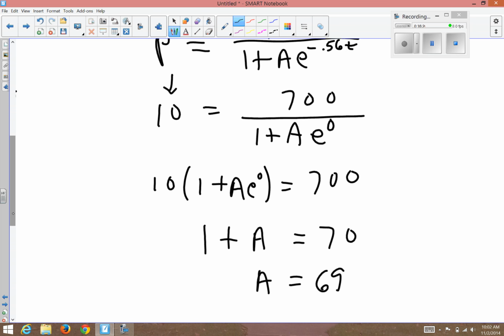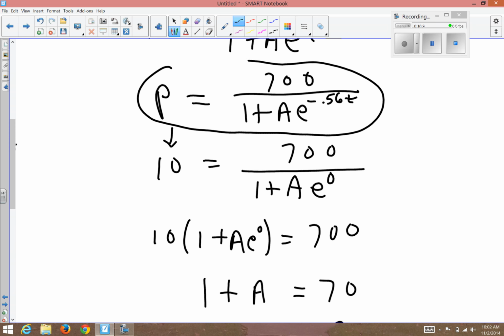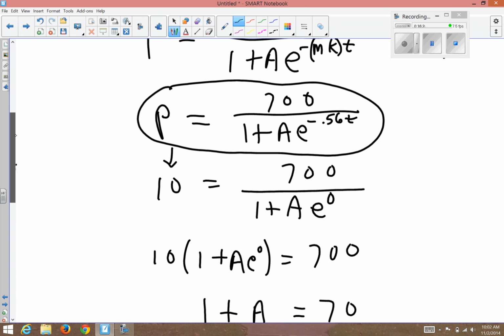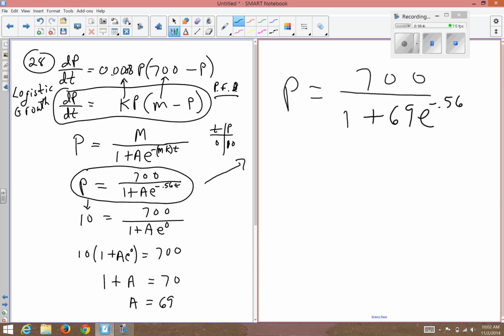That makes the solution of the differential equation exactly what's here, but with a 69 where the A is. So it's P equals 700 over 1 plus 69 times E to the negative 0.56t.